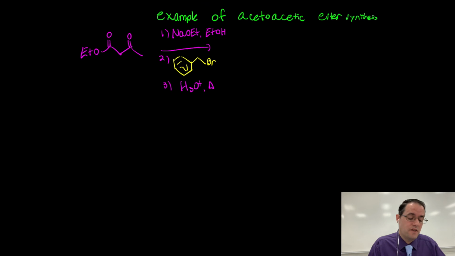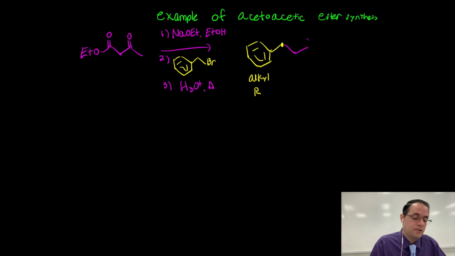So I've color-coded things to keep things straight. In yellow, this is my alkyl group, including this carbon. Okay, so this is the alkyl group, the R group. Okay, and that's going to be attached to this ketone.